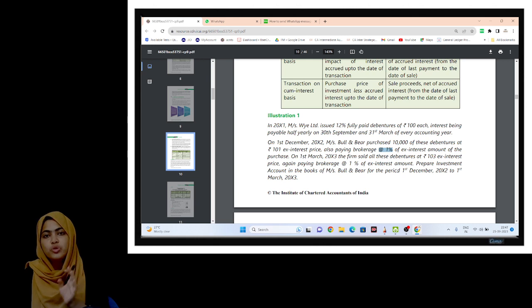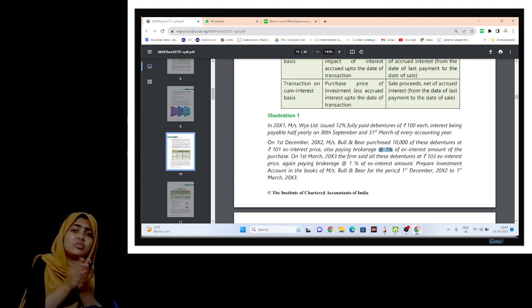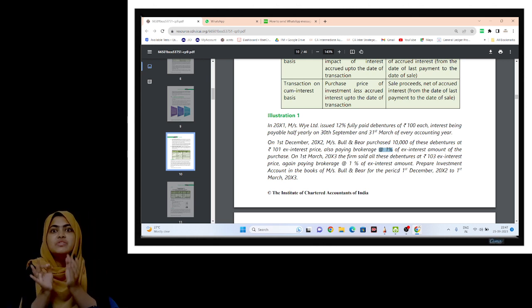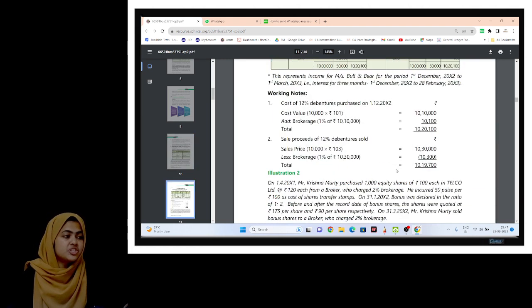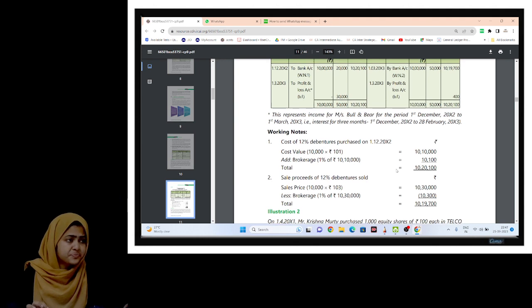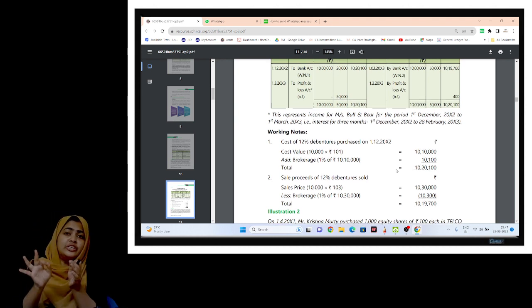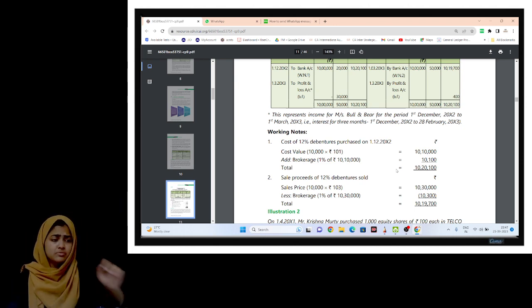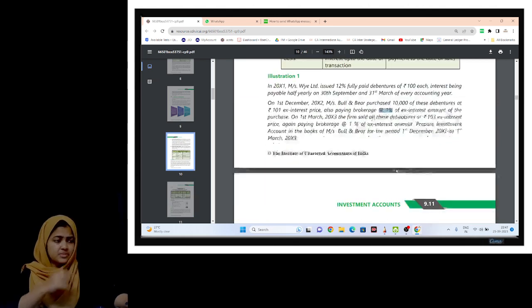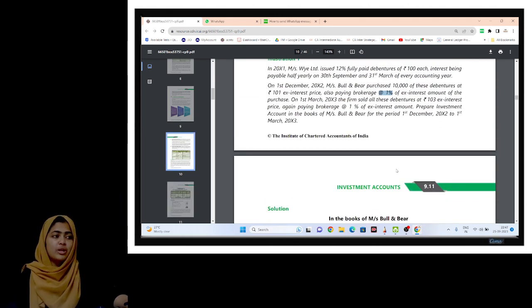So that interest you have to calculate. Will we calculate interest on the cost or the nominal value? Always we calculate it on the nominal value, right? So interest calculation is also very important. So how much would be the interest? You tell me. 10,000 debentures into 100, right? So 10 lakh is the value. How much is the interest percentage? 12%, right?